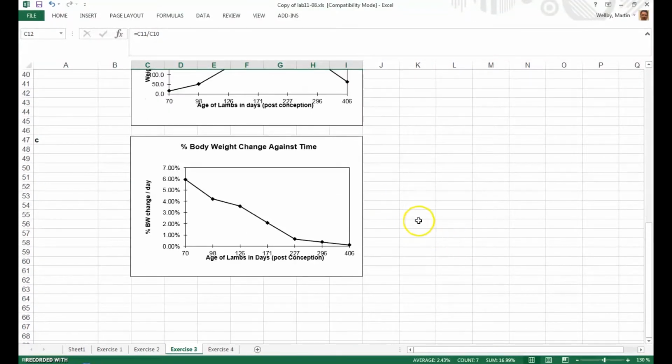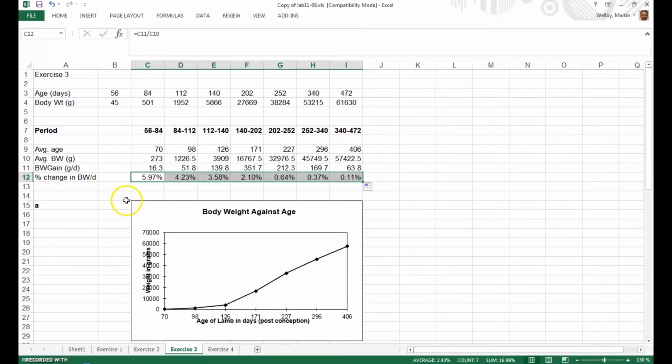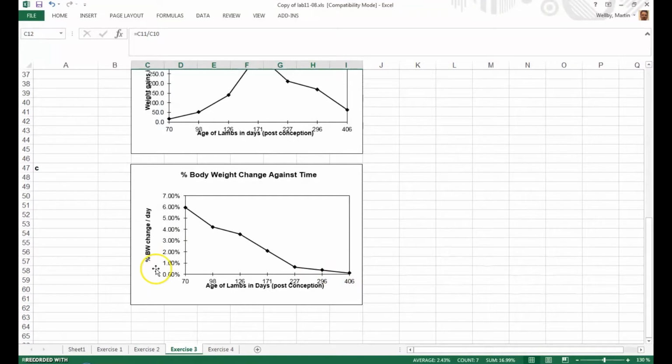Look down at the graph, and because it's the relative growth rate, down at the start here, what did it weigh? 270 grams. Then initially, when the animal's small, the increase is relatively large compared to the size of the animal.